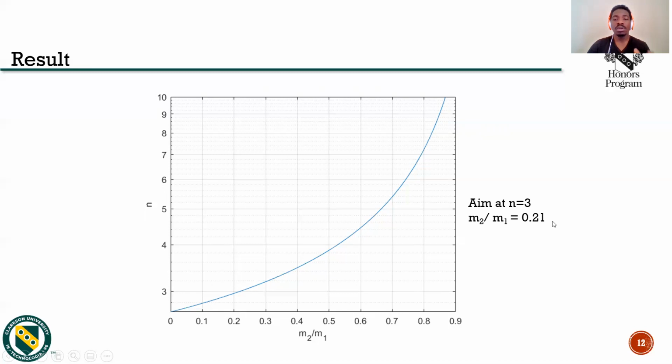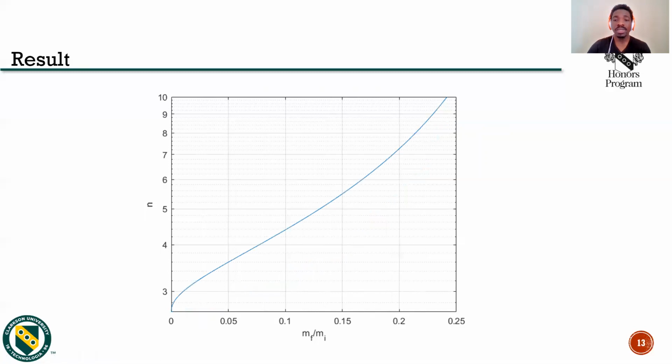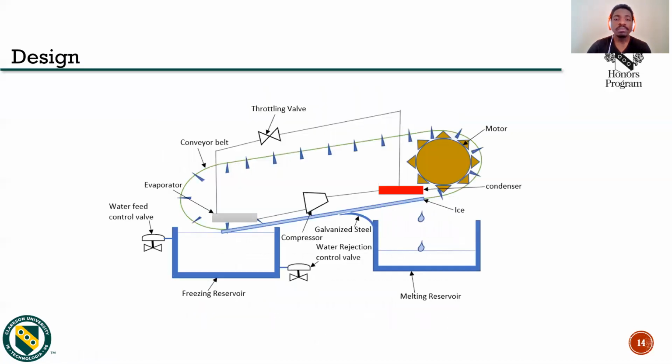So if you want to obtain drinking standard water going through 3 cycles, the mass flow rate drop from initial to final will be 1%. This is pretty low, but we can address this issue by building a desalination system that has multiple cycles that work together.